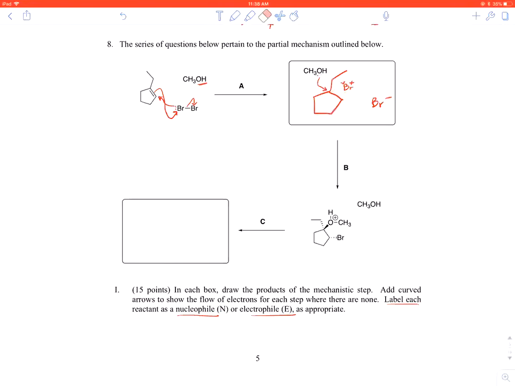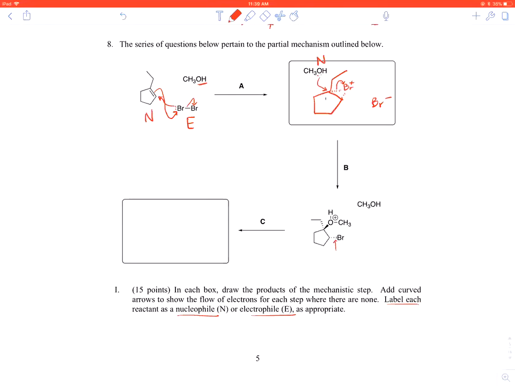Now, I'm not going to be this picky, but based on the stereochemistry of the product, my bromonium ion would have had to form on the bottom side, as indicated here. Again, I won't be picky, but to be consistent with what is expressed here on the paper, this would be the outcome, okay? I have forgotten to label my nucleophile and electrophile.